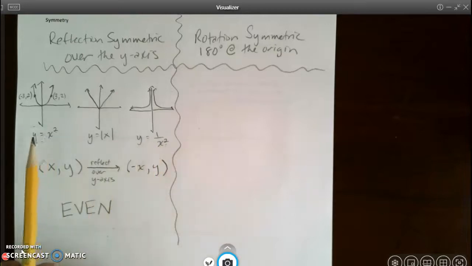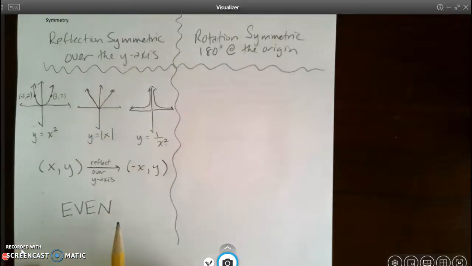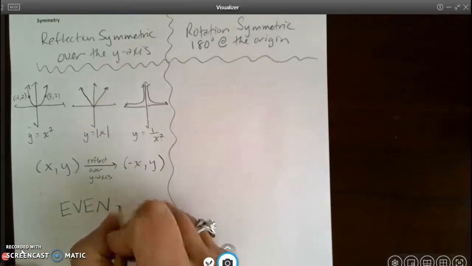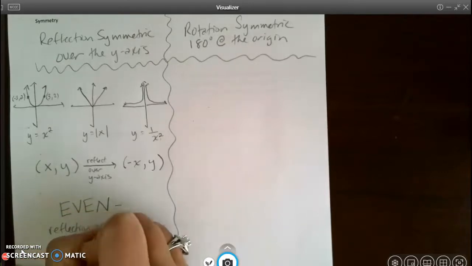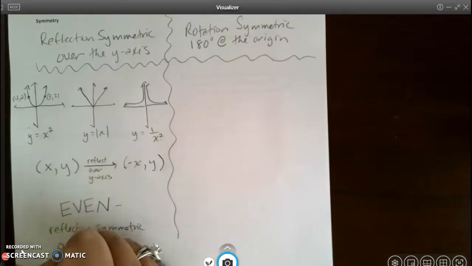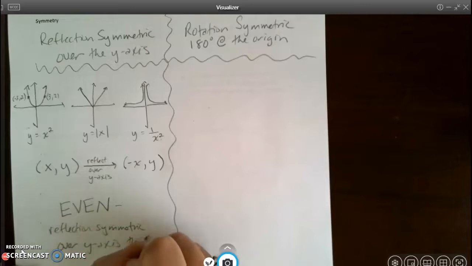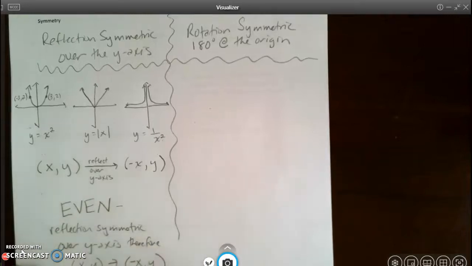But we say that something is even whenever it is reflection symmetric over the y-axis. Therefore, x, y becomes negative x, y.